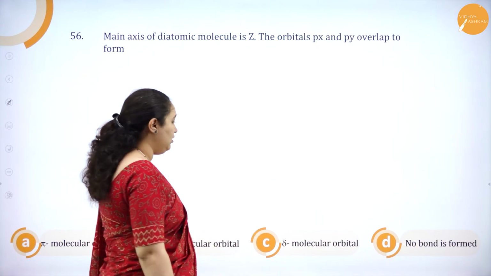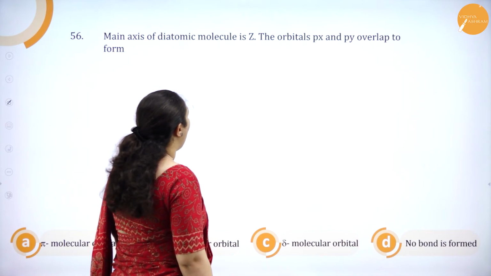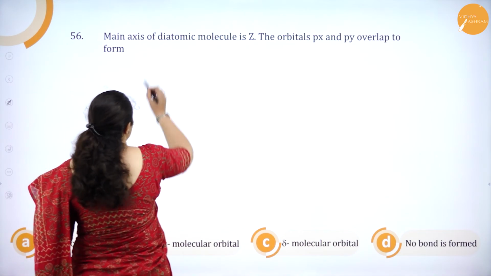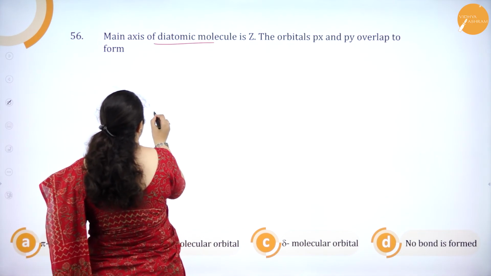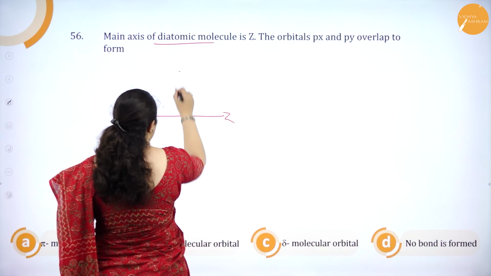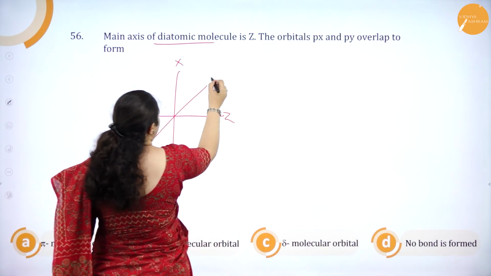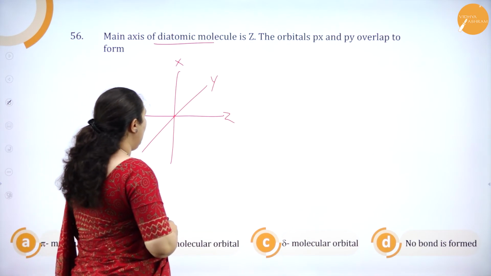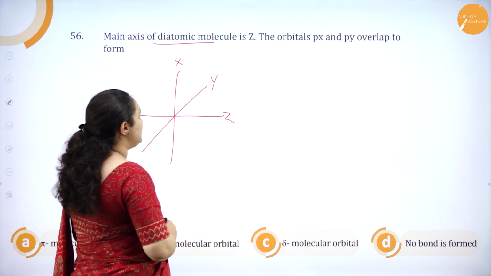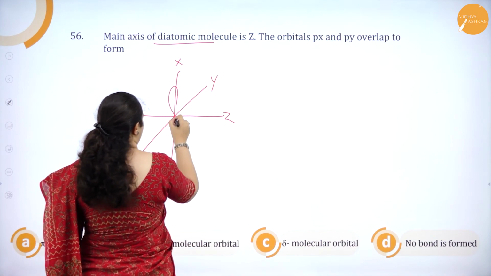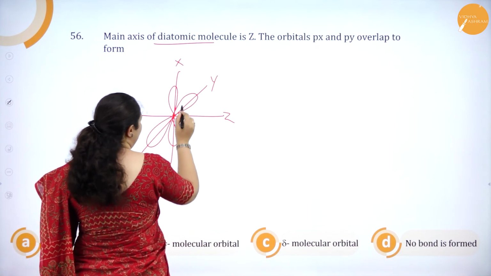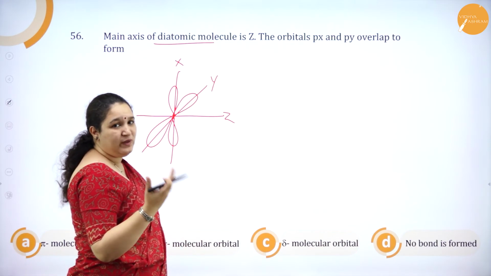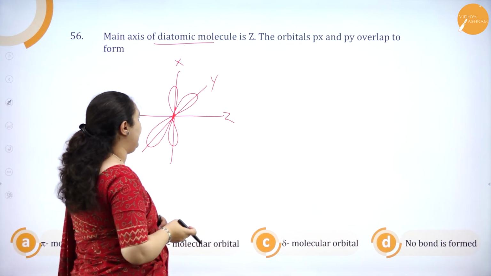It is given as diatomic molecule, so this is my Z axis, this should be X, the other one parallel should be Y. Here they are asking about Px and Py of a diatomic molecule, if they overlap, which kind of bond it can form.